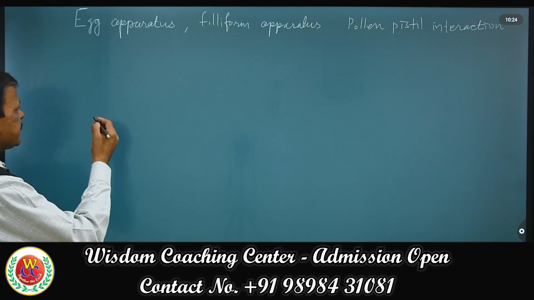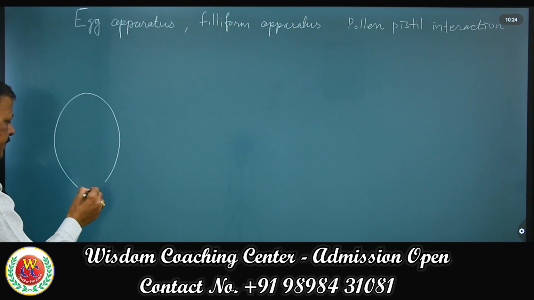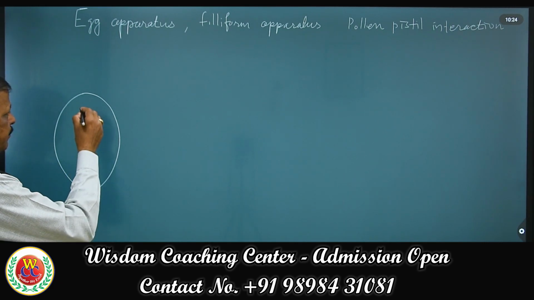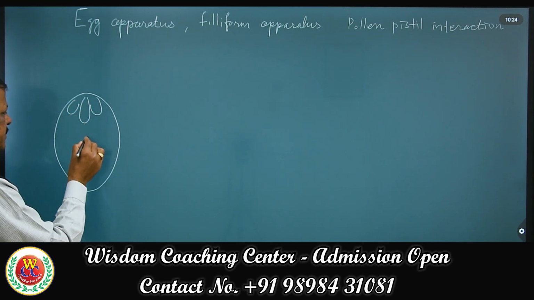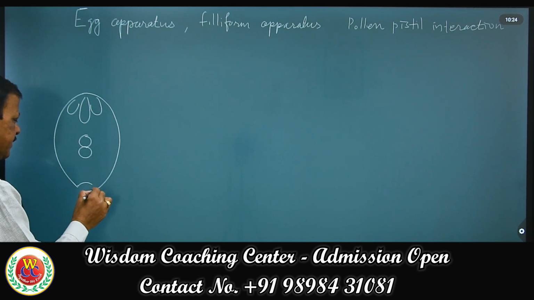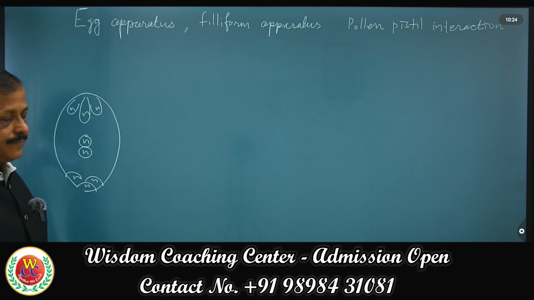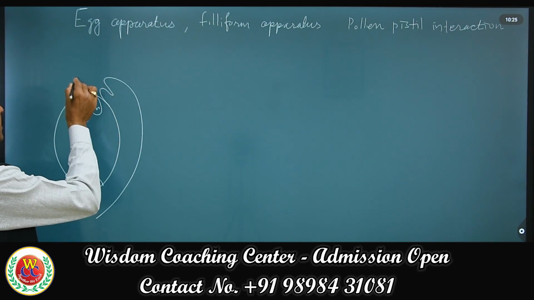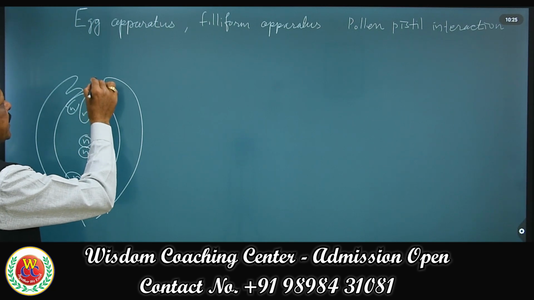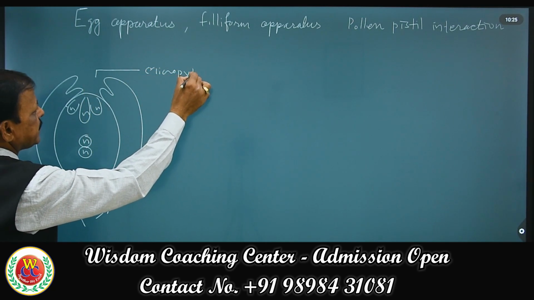What is egg apparatus exactly? This is an embryo sac with egg cell and two synergids, polar nuclei, antipodal cells. All these are haploid and can be called the female gametophyte. These are the outer and inner integument, and this is the micropylar end, the micropyle.